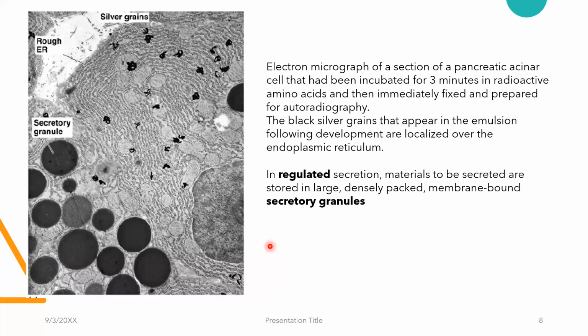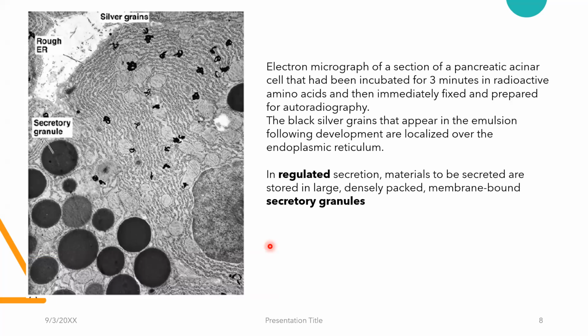You have the radioactive amino acids so that you can easily visualize what happens to them. The black silver grains that appear in the emulsion following development are localized over the endoplasmic reticulum. So basically, the dark grains are your radioactive particles. You tag them with radioactive particles in order to view what happens to them.